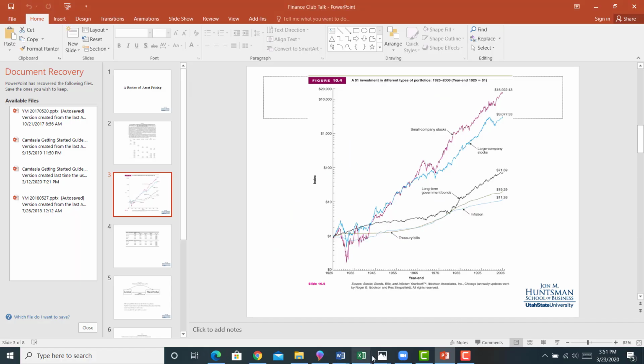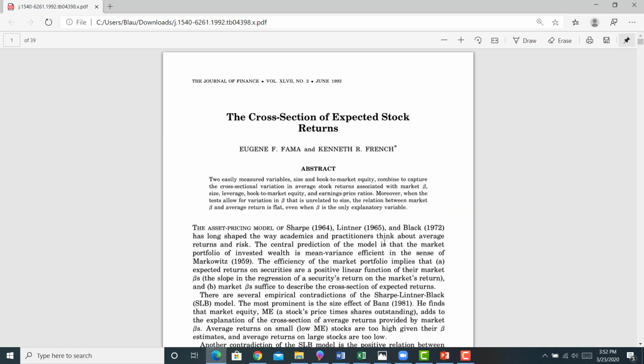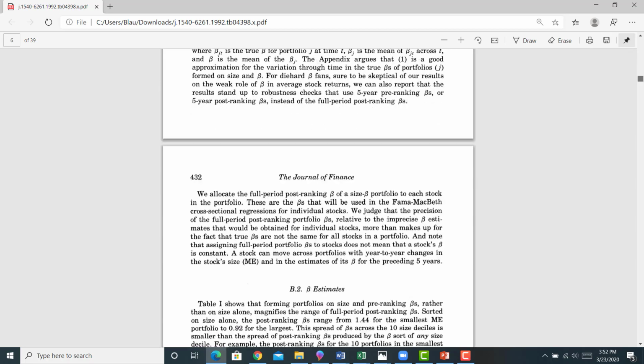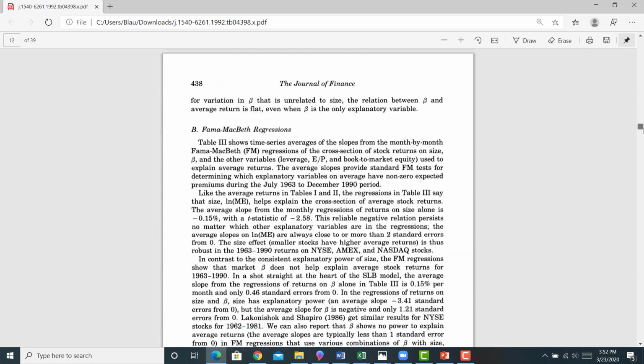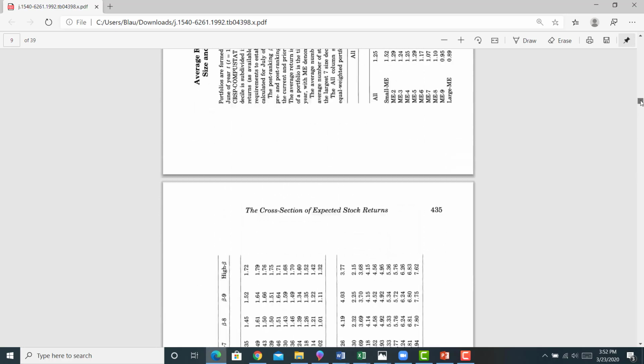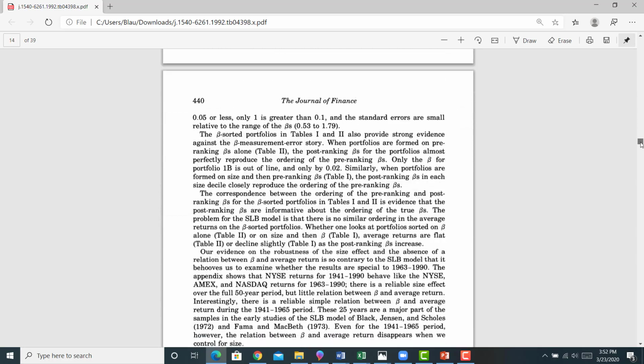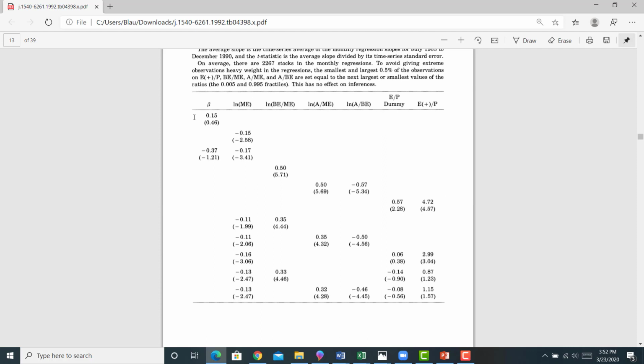But that's important. Let me show you something else here. Here's a research paper by Fama and French in 1992. This is before they introduced the Fama French three-factor model. And let me show you what they find here. What they do is they estimate a regression where they look at returns. Here we are. They look at stock returns next year on the left-hand side. And on the right-hand side, you have beta.